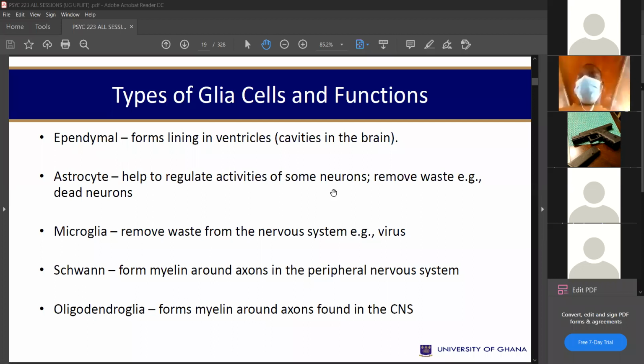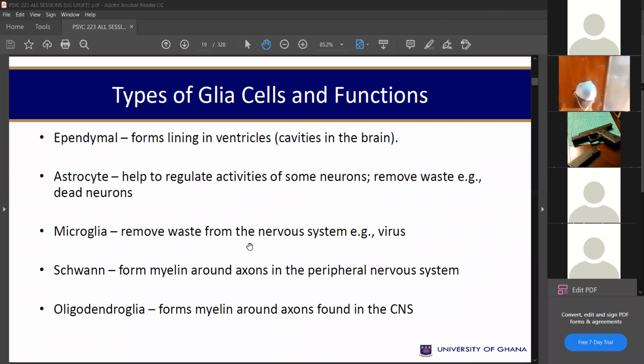So when there's any blockage in any of the ventricles, the holes I just showed you, the cerebrospinal fluid wouldn't get the opportunity to flow. Then there'll be a lot of fluid within the brain, causing hydrocephalus. I hope you get it now. Yes, I get it now. All right.